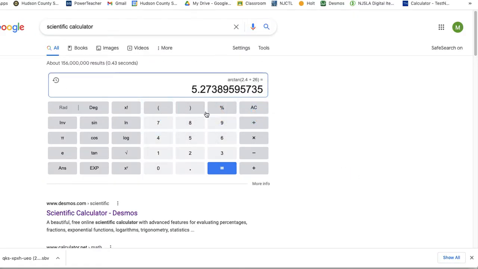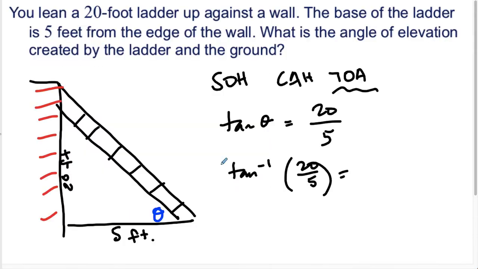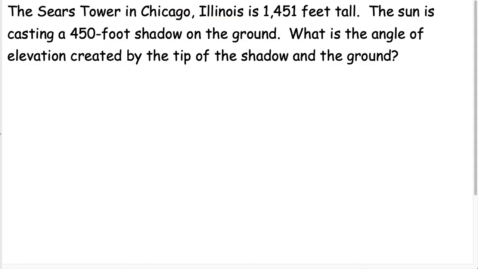Inverse tangent of 20 divided by 5 is going to look like 75.96. So 75.96 degrees. That's a really high angle. All right, cool. Let's move forward.